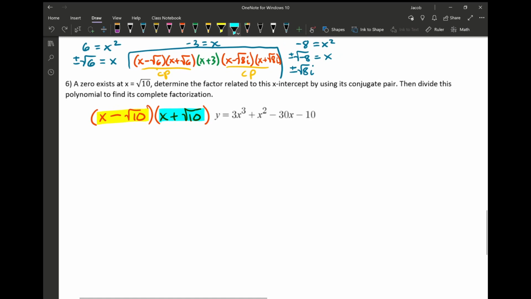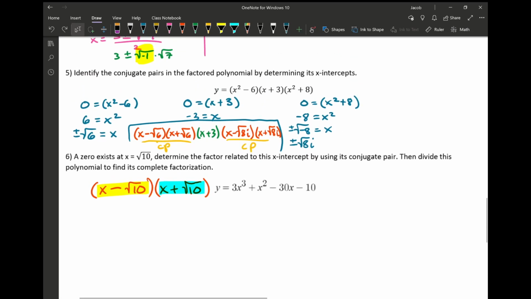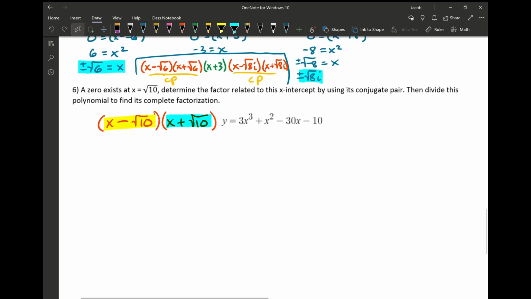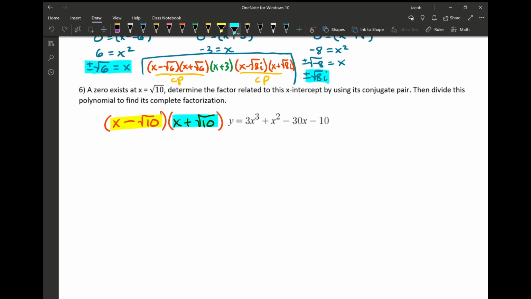And that's because what we found here before is we know that these zeros relate back to factors with x squared minus something or x squared plus something. So we know that these two factors, x minus radical 10 and x plus radical 10, relate to another factor that is in this polynomial.